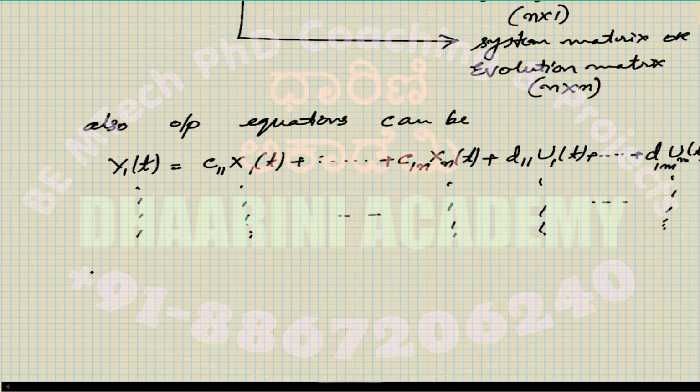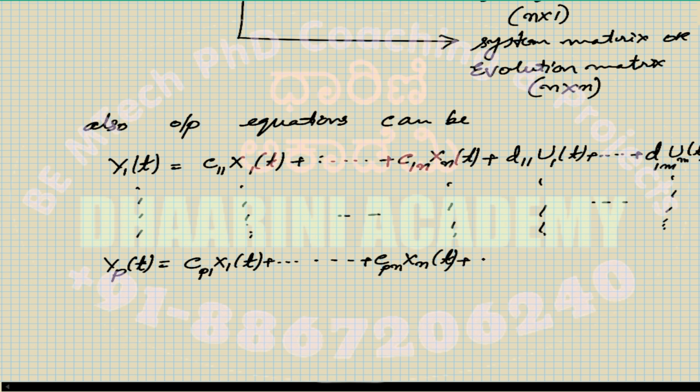So let's write them. Therefore, the last one will be yp of t is equal to the coefficient of x1 becomes cp1. cp1 into x1 of t plus cpn into xn of t plus, what happens to d now?